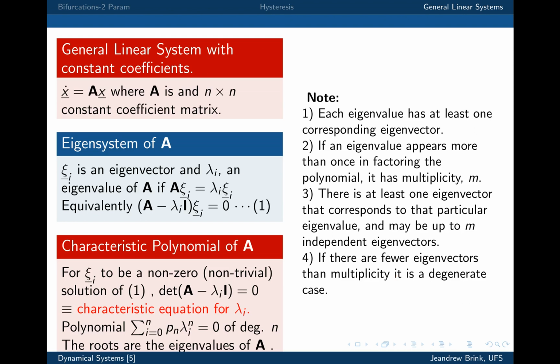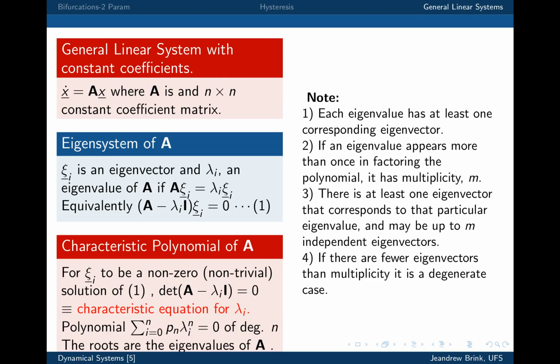I said in one of the first lectures that linear problems you can solve completely, and I'm going to give it to you now. Those are just the definitions. Whenever you get a linear system, the first thing you do, regardless of what's asked, is work out the eigenvalues, which you get from the characteristic polynomial.